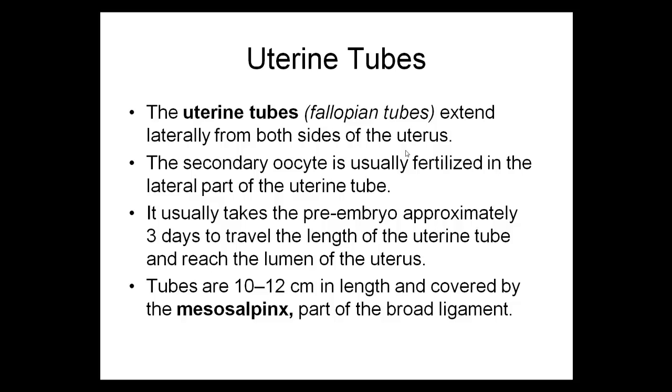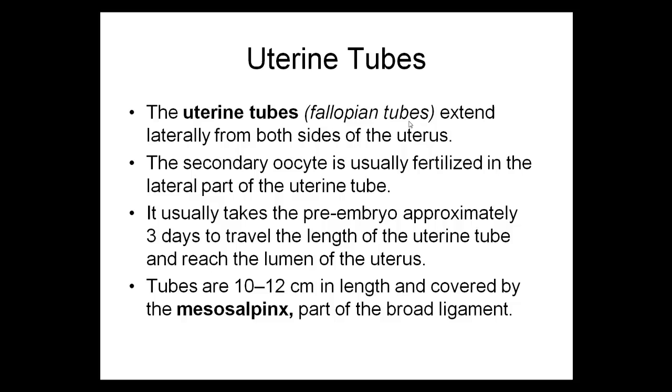So we did talk about the ovaries and described the ovaries as the primary sex organs because they are the producers of the gametes, of the eggs. But then we need a conducting system to take those eggs into the uterus, and we call these the uterine tubes. Sometimes we call them the fallopian tubes or ovarian tubes.